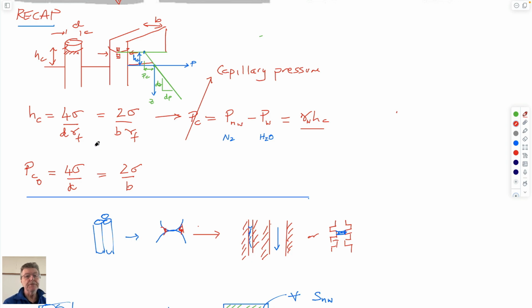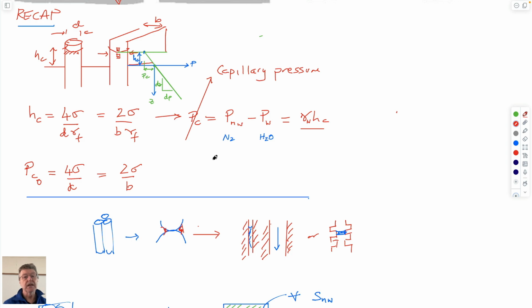And if we define this term called capillary pressure as the pressure in the non-wetting fluid, which would be in a water-air system, the non-wetting fluid would be air, nitrogen, essentially, and the wetting fluid would be water. And so the difference between these two pressures is called capillary pressure, just by definition. And we could define that as the unit weight of the fluid multiplied by H sub C.